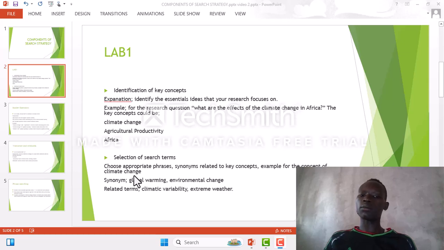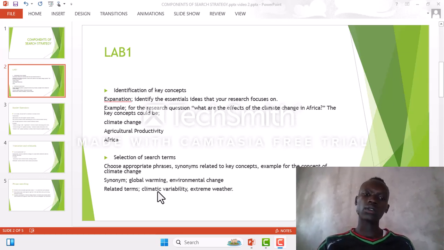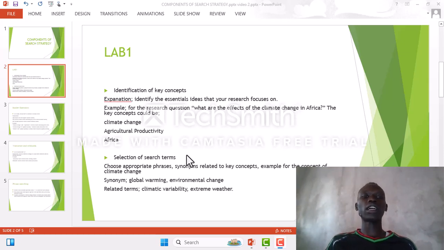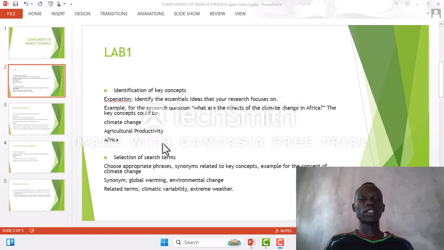Those are the synonyms related to the key concepts. Then we also have related terms to climate change, agricultural productivity, and Africa. We have climatic variability and extreme weather. Those are related to climate change, and all this comes from climate change. So those are the first two components of search strategy in lab one.